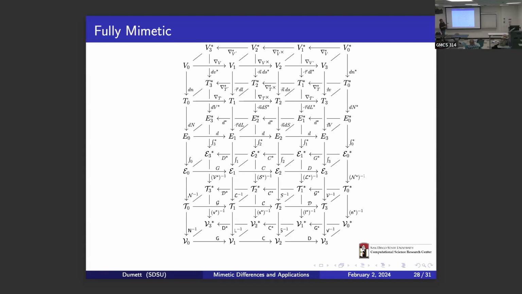In addition to that, over here, this is the exterior calculus floor, and in exterior calculus, the divergence, the rotational or curl, and the gradient are just the same derivative applied to different elements.